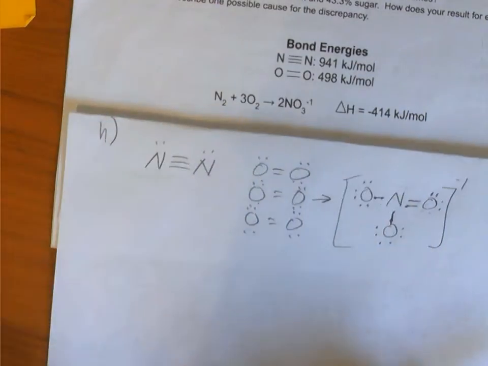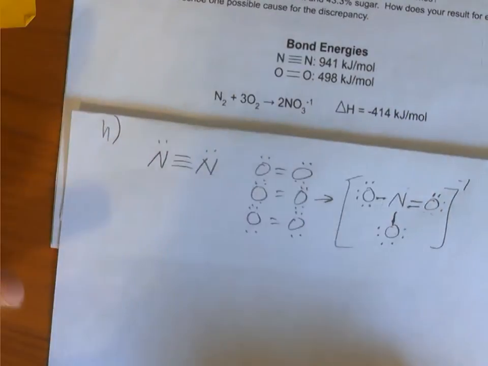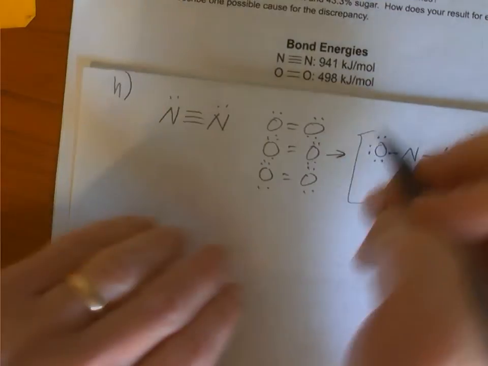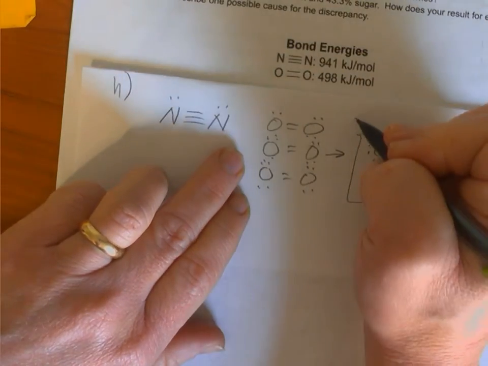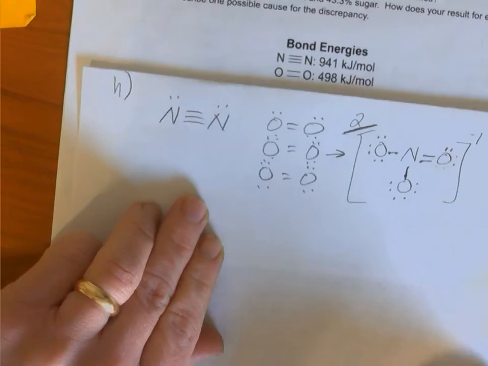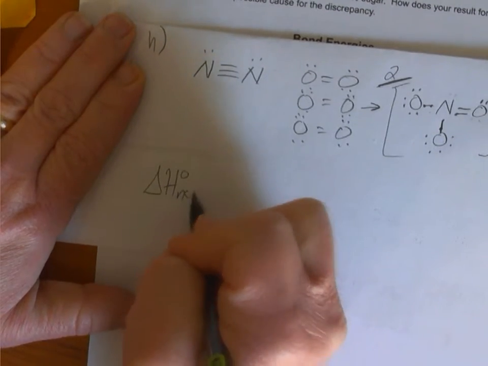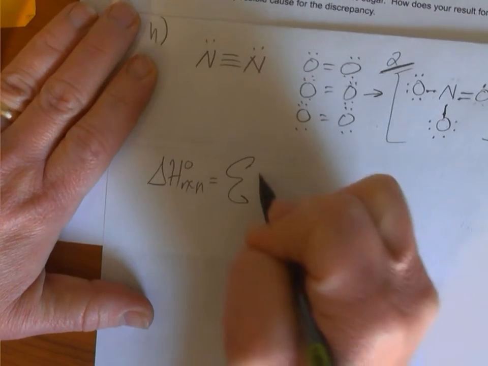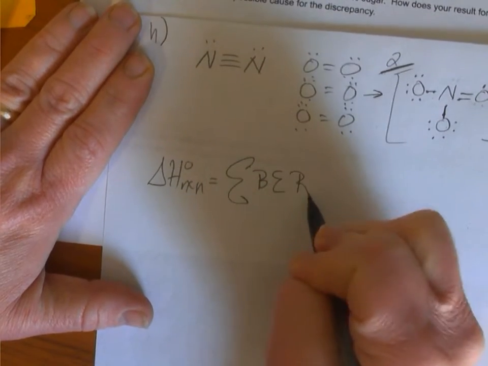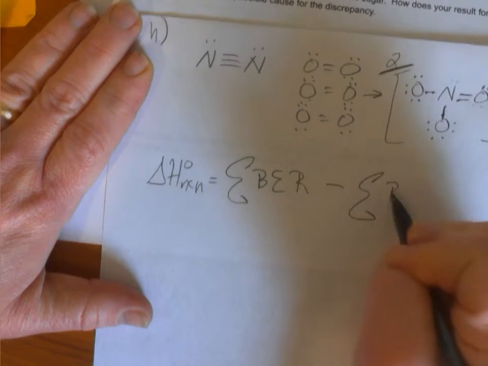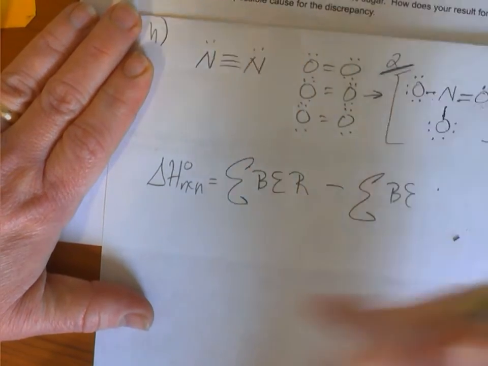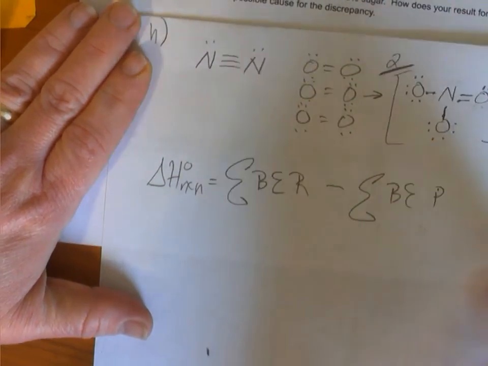All right, we're being asked to find what that bond energy is. I am making 3 oxygens and 2 of the nitrates. Okay, now the enthalpy of your reaction is a sum of the bond energies of reactant minus the sum of the bond energy of product. Okay, so this is what we're trying to find.